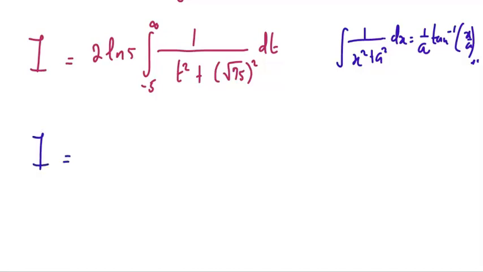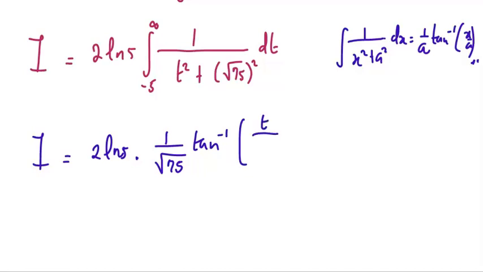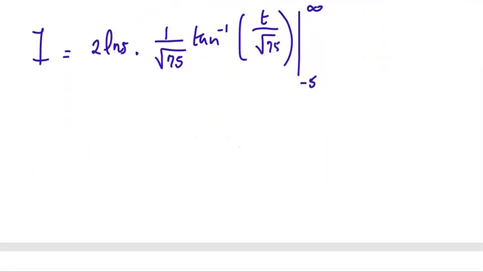So I is equal to 2 ln of 5, then multiply by 1 all over root of 75 multiplied by the inverse tangent of t all over square root of 75. Then our limit from negative 5 to positive infinity. And we know root of 75 is root of 25 times 3, which simplifies to 5 root 3, right?